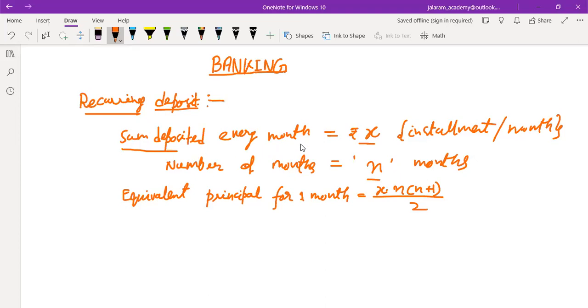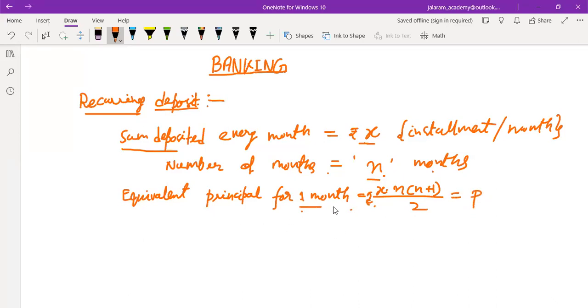First of all, you write sum deposited every month, which is rupees X, then number of months, n months. Equivalent principal for 1 month, X into n into n plus 1 by 2. Means we assume that all the sum is deposited at the same time in 1 month. So we have to deposit rupees X into n plus 1 upon 2 and consider it to be the real principal.